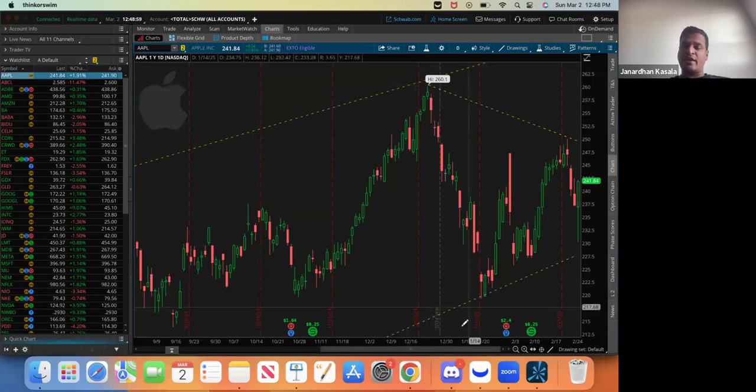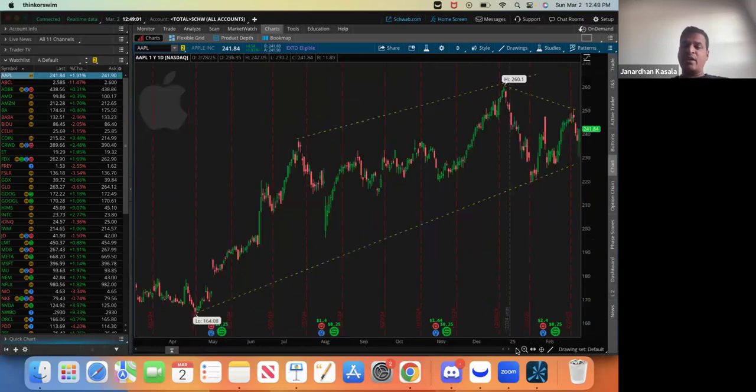You need to identify the next support, where to take profit on your shorts. If I had taken shorts here at the 250s, I would have considered this as my support and taken my profit here around 240. Even if it fails here, I might enter back and wait for the next support. This next support is 220.